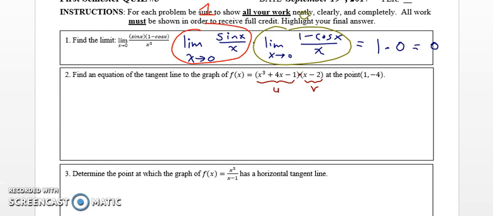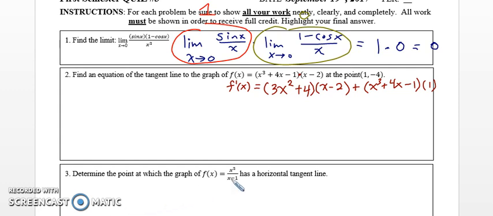So we have the derivative of u times v plus u times the derivative of v, which is 3x squared plus 4 times x minus 2 plus x cubed plus 4x minus 1 times 1. Now we have to plug in x equals 1, since we want it at the point 1, negative 4.